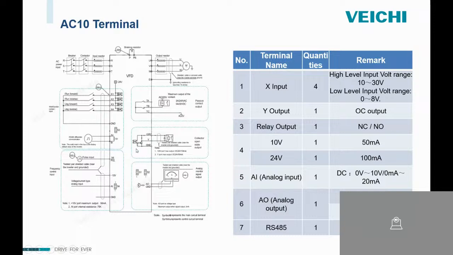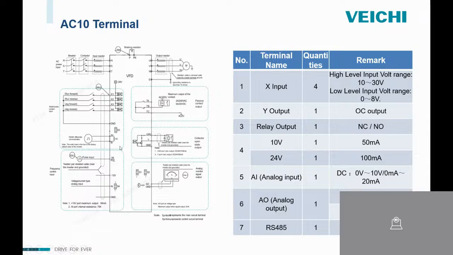This one is open collector type output, and we have two relay output. One is NC, normal close, and another one is normal open. And we have power supply for 10 volt and 24 volt. The 10 volt maximum is 50 milliampere, and 24 volt maximum is 100 milliampere.